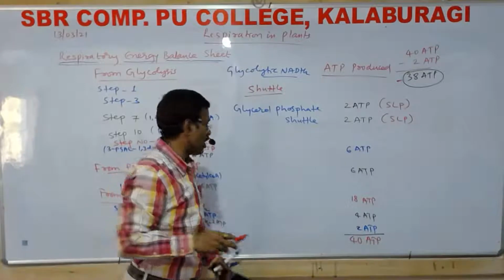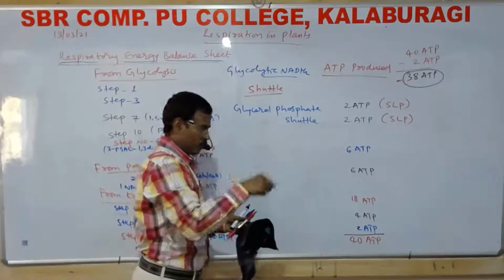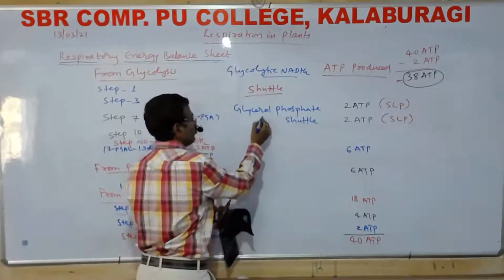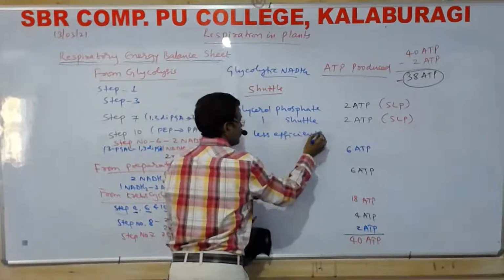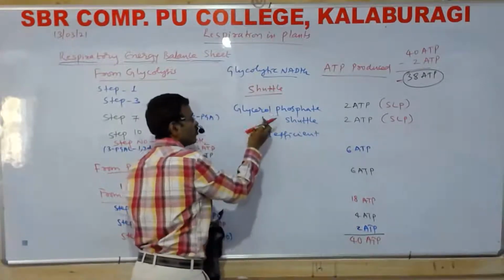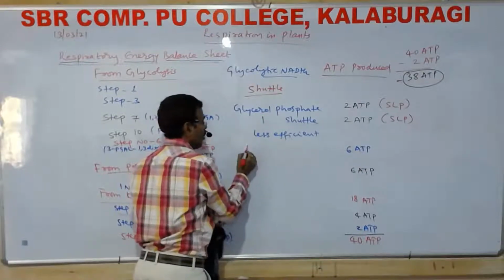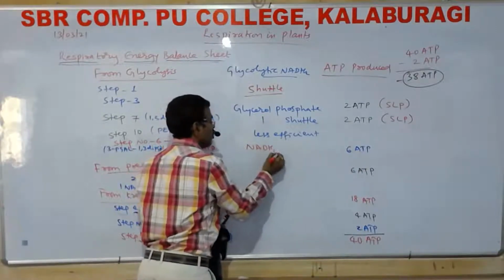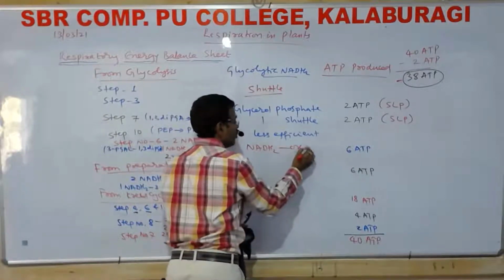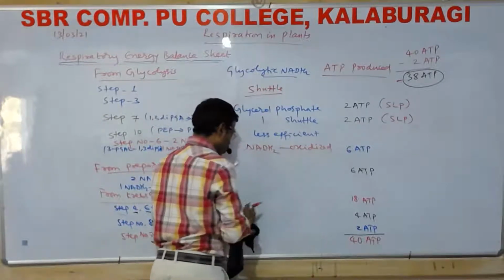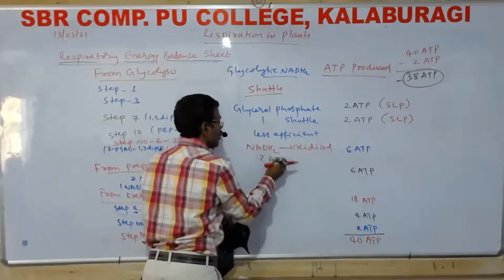So when this glycerol phosphate shuttle occurs, it is less efficient. What happens in this shuttle? If NADH2 produced in cytoplasm during glycolysis has to be oxidized, it makes use of 2 ATP.